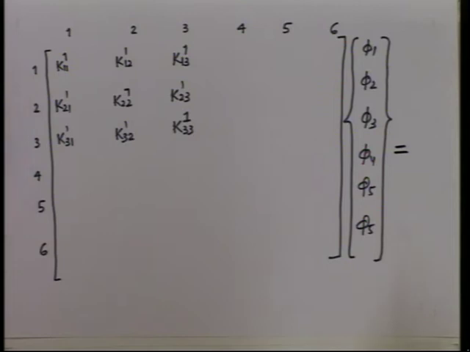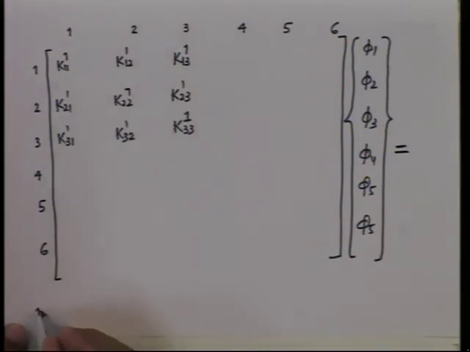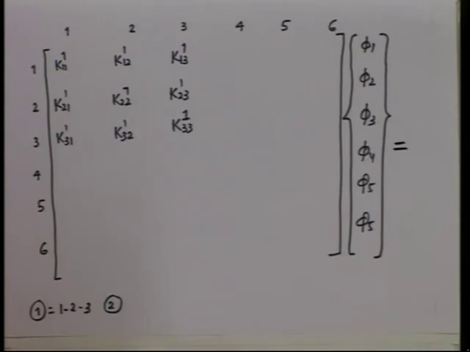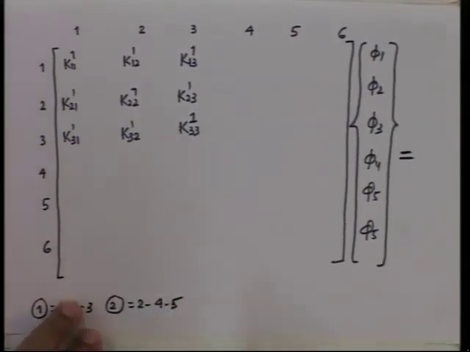See, 1 is 1 2 3, 2 is 2 4 5. That means, the elements will be sitting on second, fourth and fifth rows and same columns.